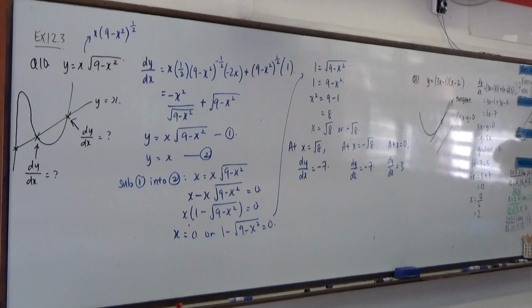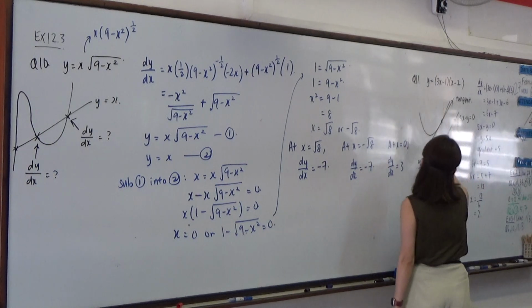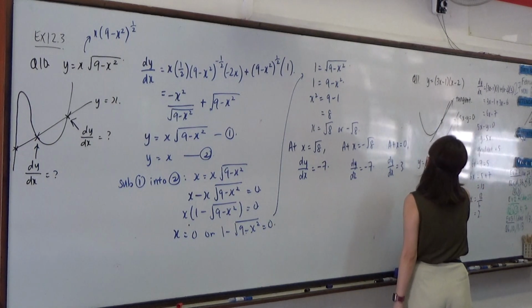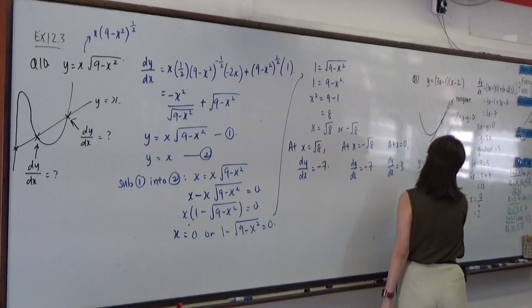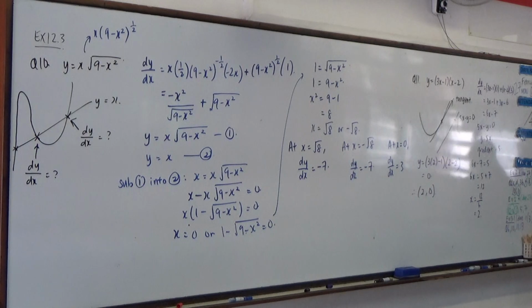So x is equals to 2. So that's the x coordinate. Then to find the y coordinate, we place it back into the curve. That is equals to 0. So the coordinates will be at 2, 0.